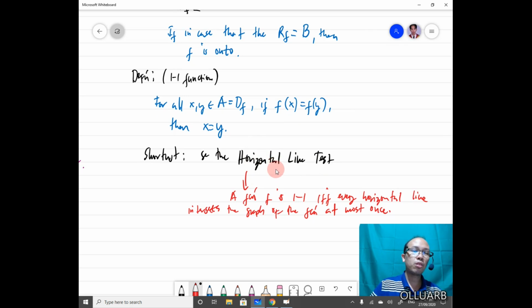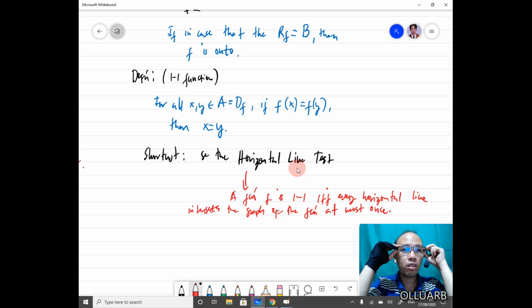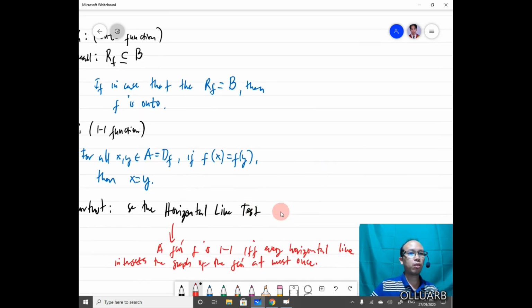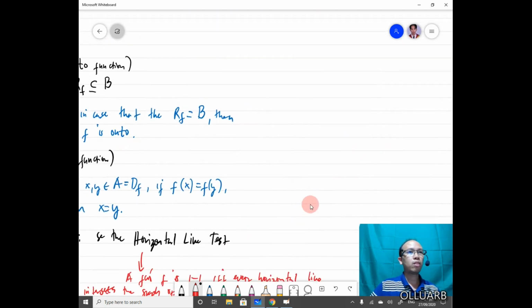All you have to do is use this as a way to be sure that the given equation is not one to one or one to one. Okay, let's have an example before I comment on that one.